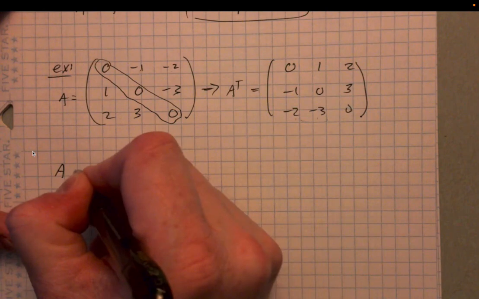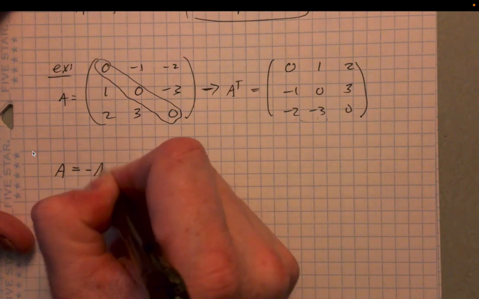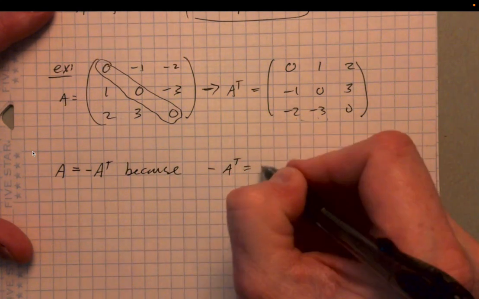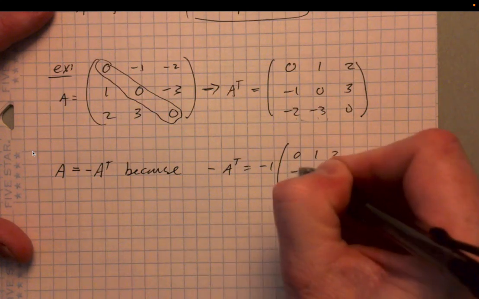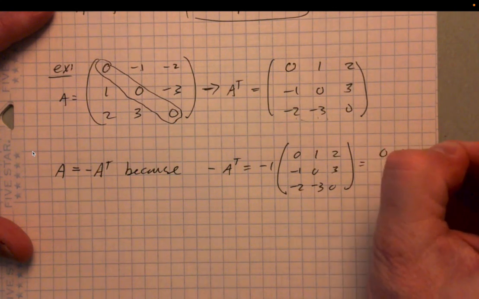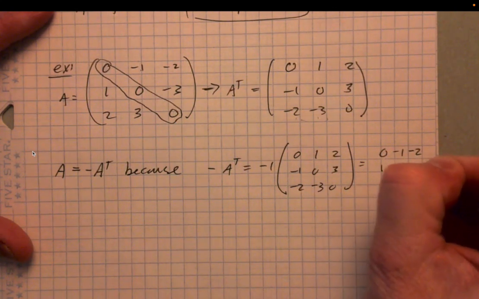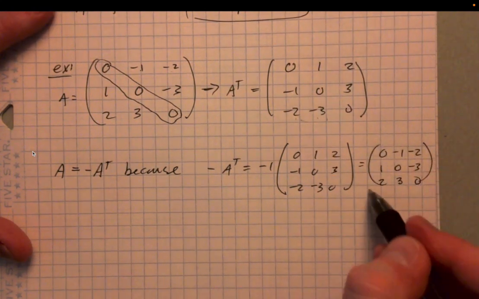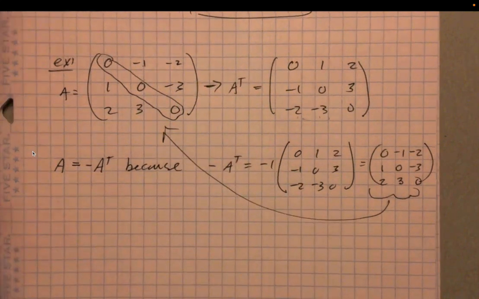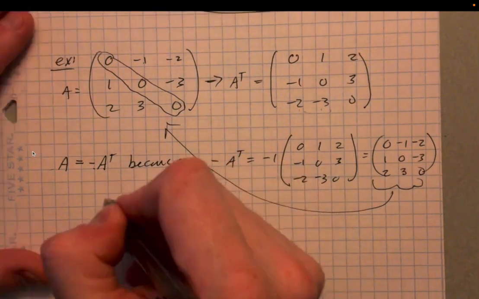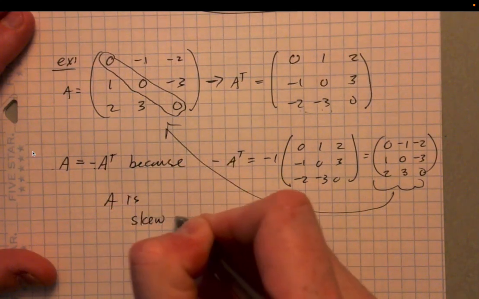So in this case, A is equal to negative A transpose, because negative A transpose is -1 times this, which gets you 0, -1, -2, 1, 0, -3, 2, 3, and 0. And this is the same as that. So A is equal to negative A transpose. Okay, so in this case, A is skew symmetric.